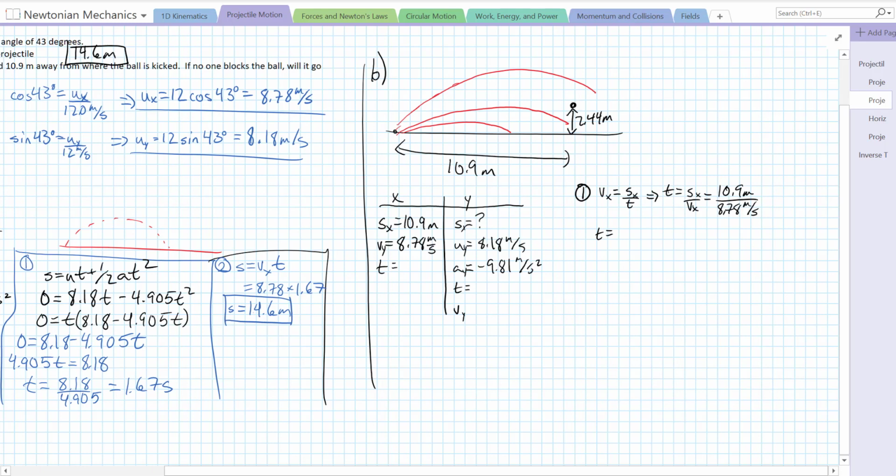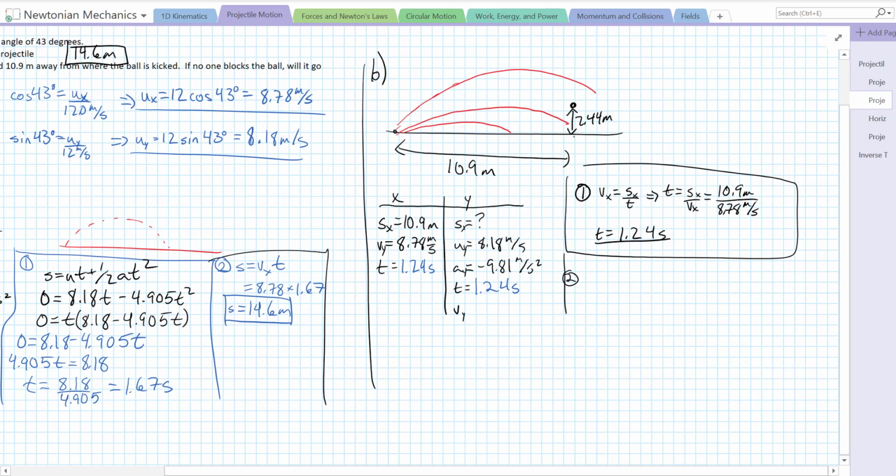Time to horizontally reach the goal, at least, is, in my calculator, 1.244 seconds. I'm going to fill that into my table. 1.24 seconds. Now I can use the y component to find the height of the projectile at that distance away.